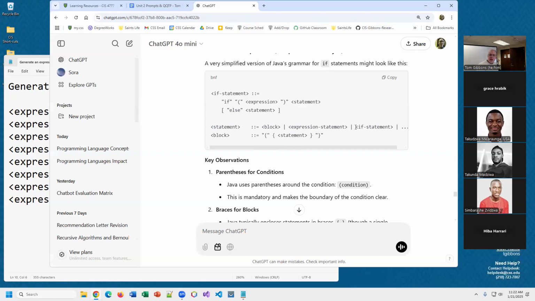So you could have another if here, or an expression statement. They don't really define what an expression statement is, so this was kind of an error to me. In a full version of Java, we would have a generic statement here that could be replaced with an if or an assignment or something like that.